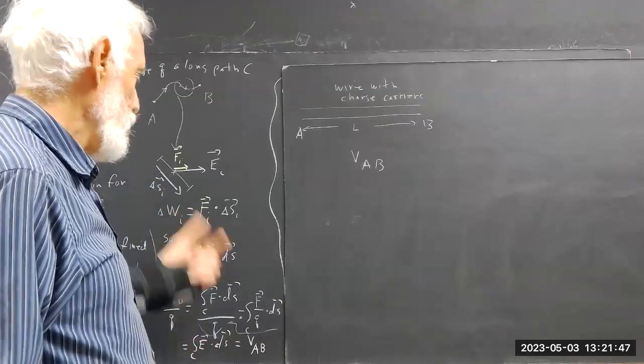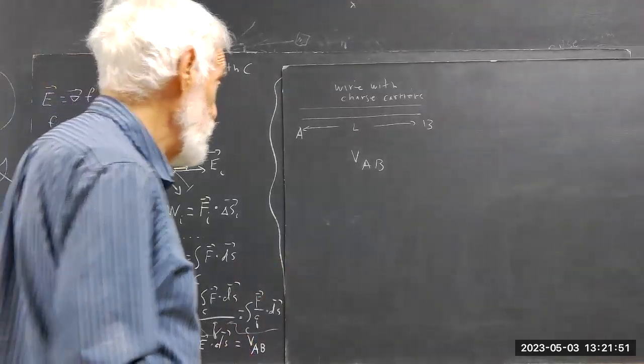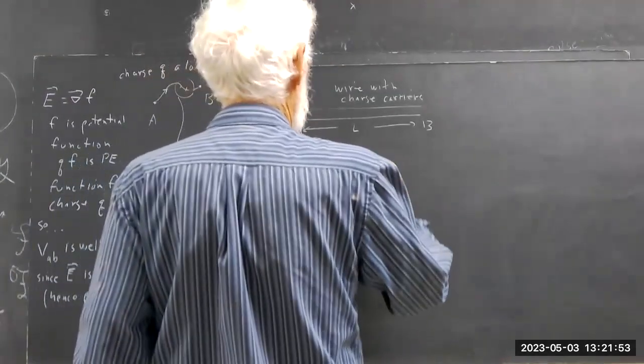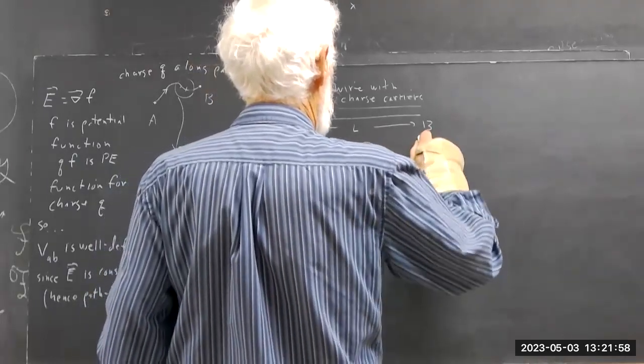A lot of times it's little a and little b. Anyhow, okay, so we have a voltage AB.